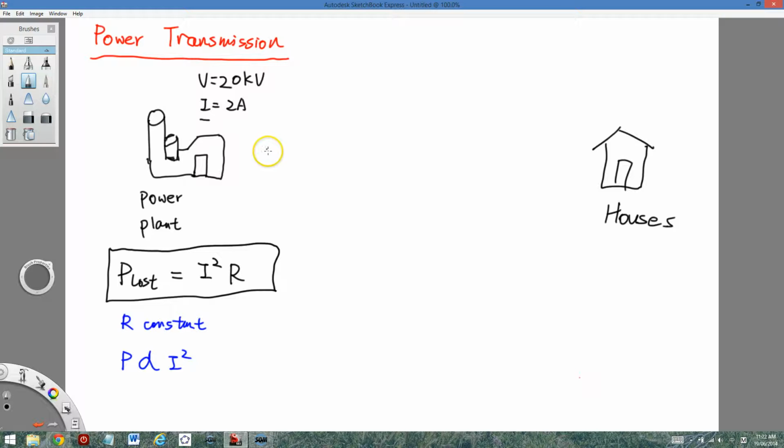If I refer to the diagram, say I use a step up transformer to make the voltage, say, 500 kilovolts.